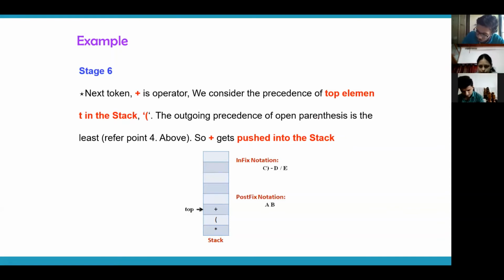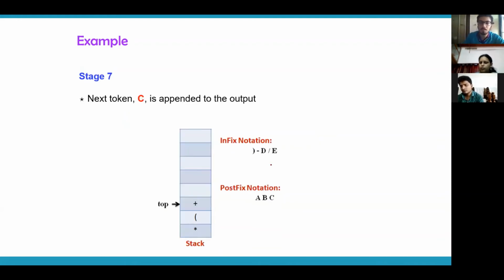What is the next character? C. Where will C go? C is an operand, so it will go into the postfix expression. Now look, who is the next person? Mother-in-law, the right parenthesis. So what do you have to do? When it is a right parenthesis, you have to pop everything from the stack and append it to the postfix notation until you meet the left parenthesis. That's the step, right?